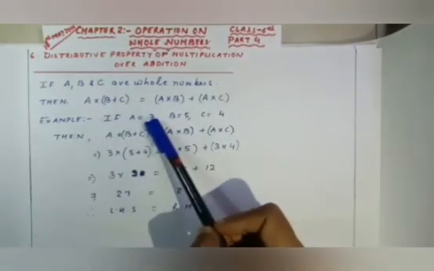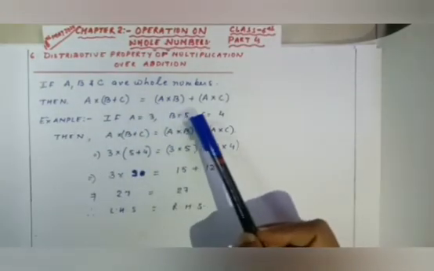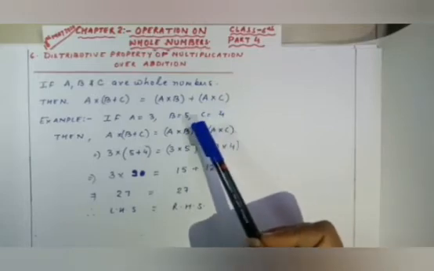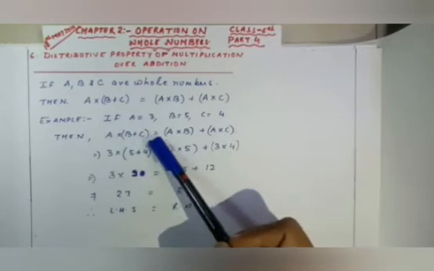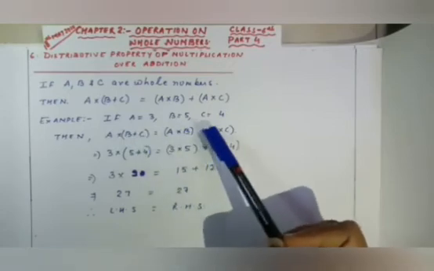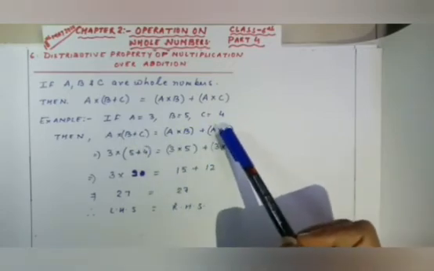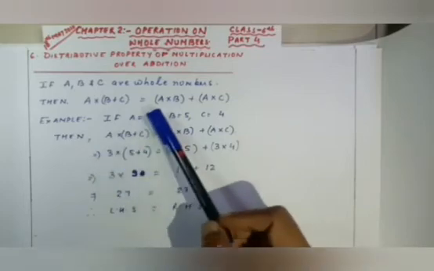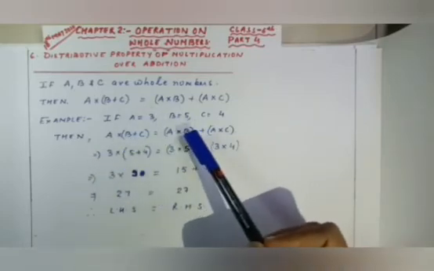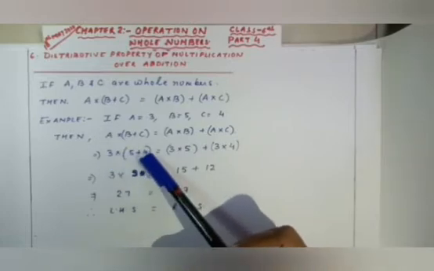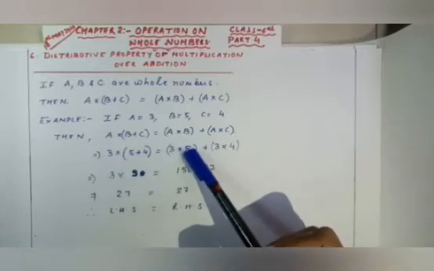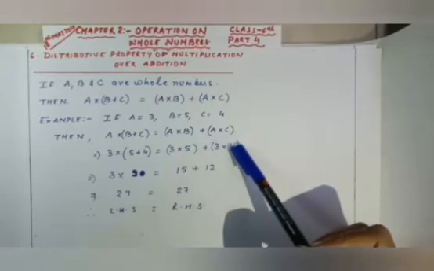Let us see with the help of an example. If a is equal to 3, b is equal to 5 and c is equal to 4, then according to the property a into b plus c in one bracket is equal to a into b plus a into c. When we put the values of a, b and c, what do I get? 3 into 5 plus 4 is equal to 3 into 5 plus 3 into 4.